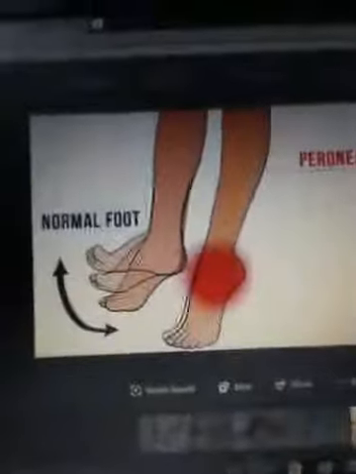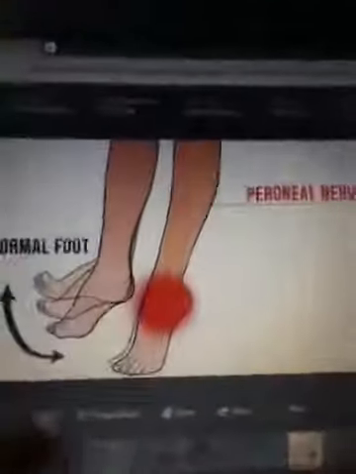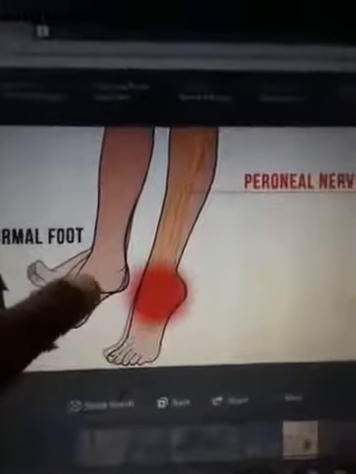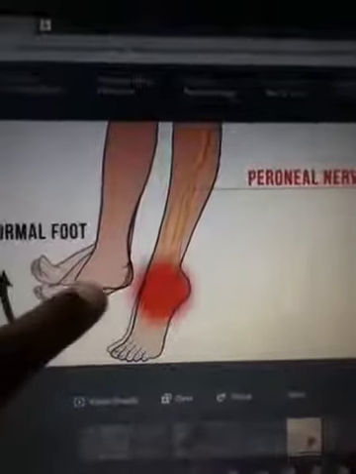Let's pause to look at some pictures of this condition called drop foot, so that we can really appreciate it. So this is the normal foot, and this is the normal foot position.